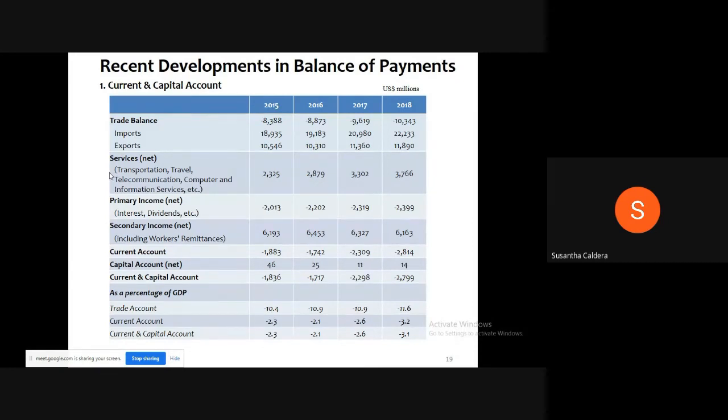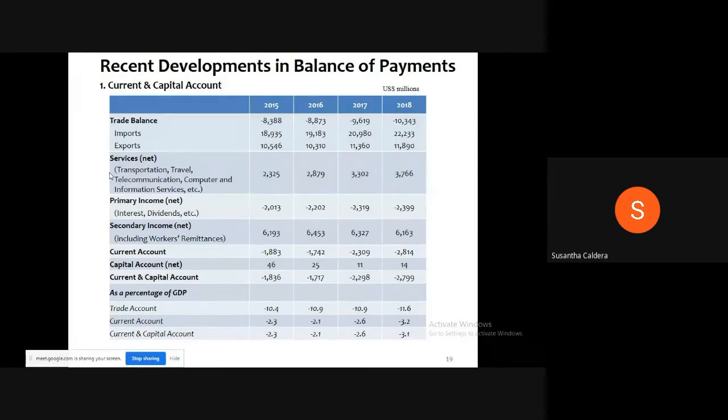We have seen from 2015, 16, 17, 18, imports gradually increase. Exports income, in 2017, 2018, it has gone up from 10,310 to 11,890.